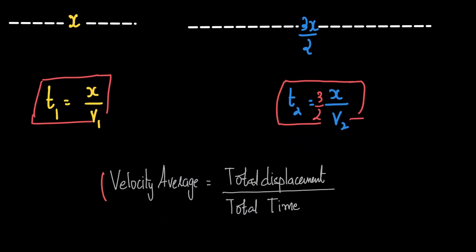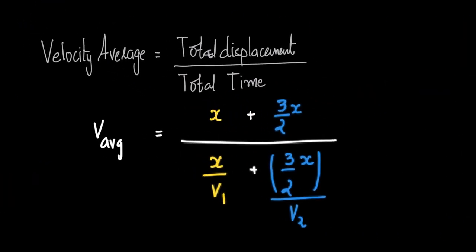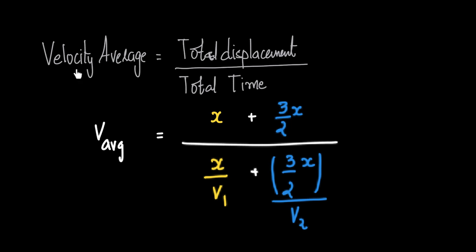And why are we doing this? Because for average velocity, we know that the formula is total displacement by total time. And total time actually stands for T1 plus T2. Therefore, the need for T1 and T2 here. Now, the formula for average velocity gives total displacement by total time.